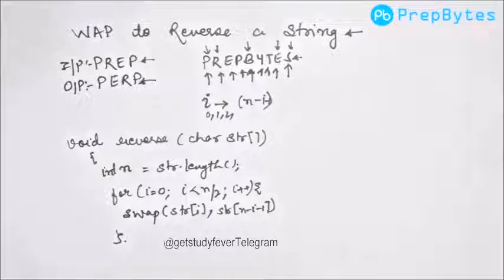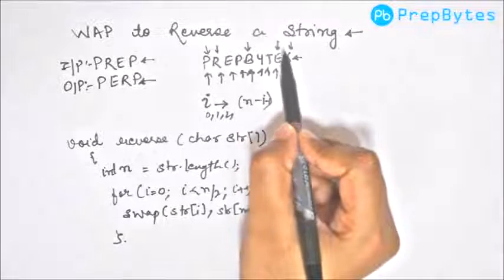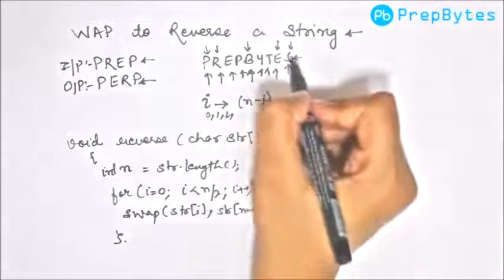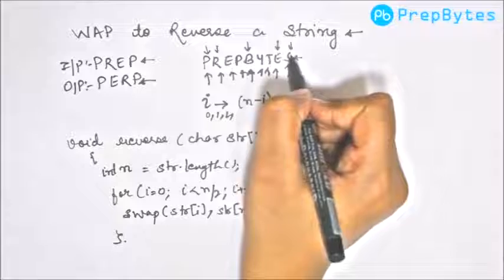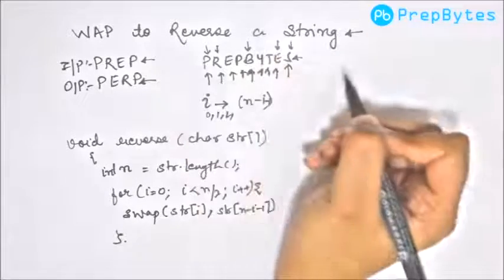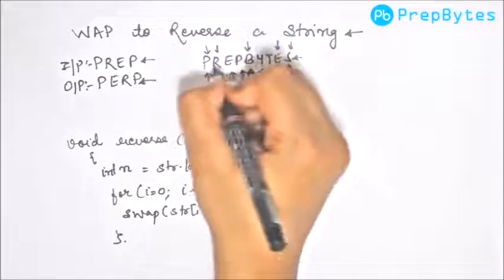Okay, now let's try to solve this using recursion. What happens in recursion is, as we said, that we try to solve a subproblem that has similar code. Let's say first we exchange the first and the last position, and now we have to reverse the remaining part.